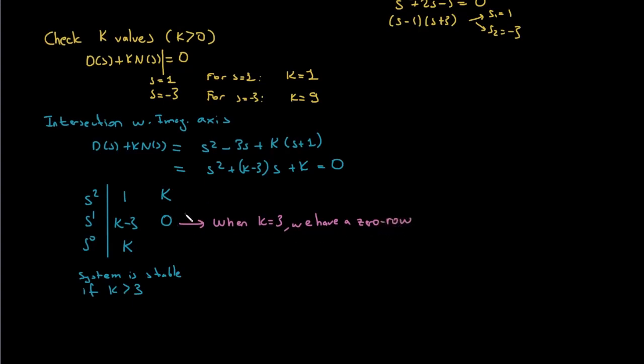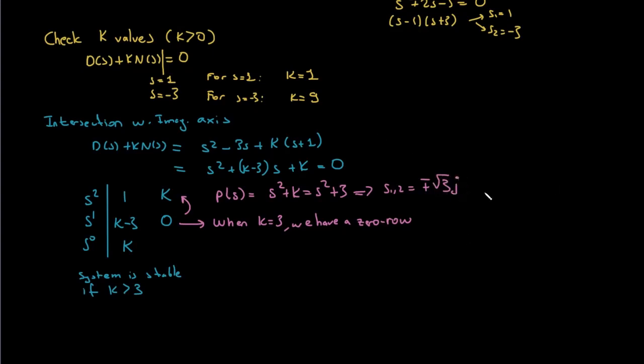And if we have a 0, what we do is go one step up and construct an auxiliary polynomial p of s equal to s squared plus k, which is equal to s squared plus 3. This is a factor of our characteristic polynomial, so the roots of this equation are roots of the characteristic equation for that specific k value. Here we can find s1 and s2 as plus minus j square root of 3, at k equals 3.